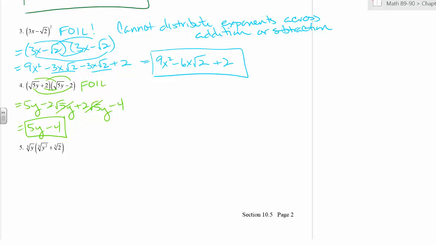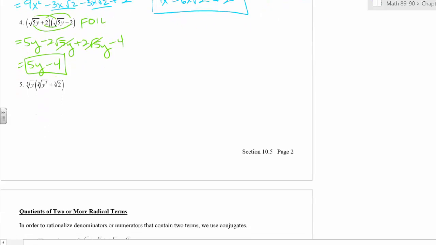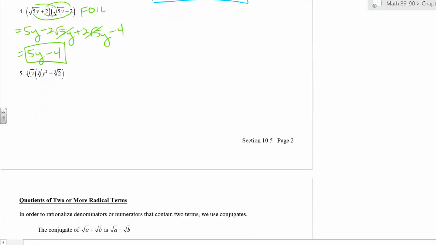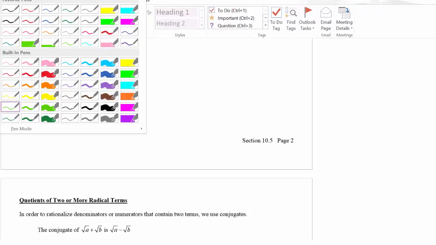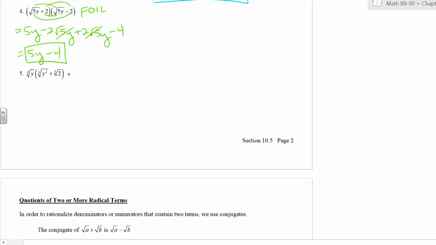All right, and our last one that we're going to work with multiplying is number 5. Cube root of y times the cube root of y squared plus the cube root of 2. So notice all the indices match. We have cube root on all of these. So what do we do? We distribute.